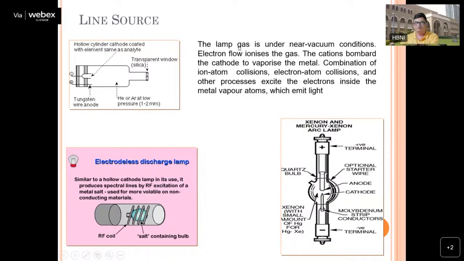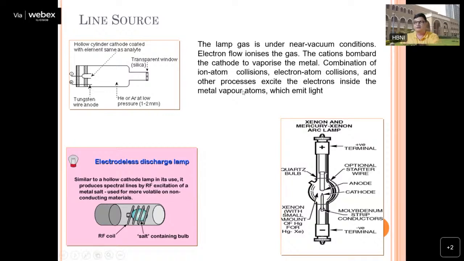How this works is that the lamp gas is under near vacuum, and the electron flow ionizes the gas, and the cations bombard the cathode to vaporize the metal. The combination of ion-atom collisions or electron-atom collisions and other processes excites the electrons inside the metal vapor atoms, which emit light, and that is how the particular wavelength is generated and used for quantification of the analyte.